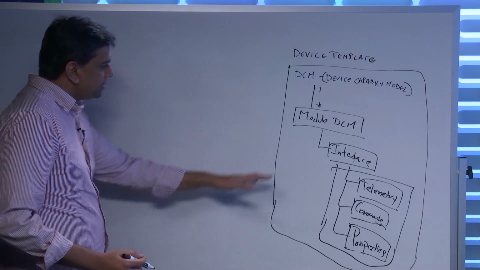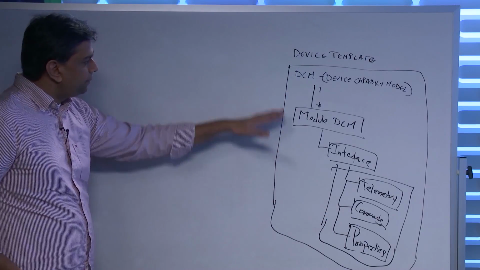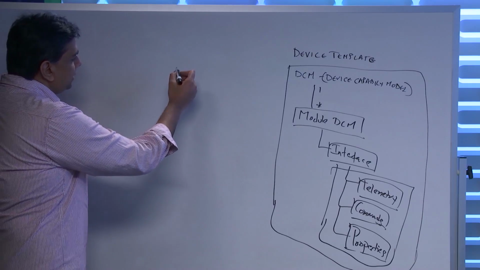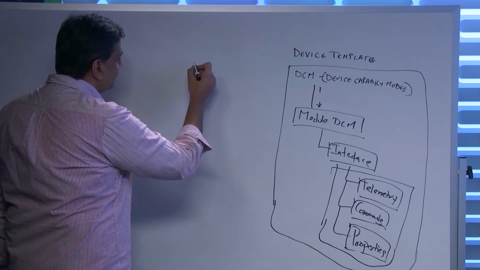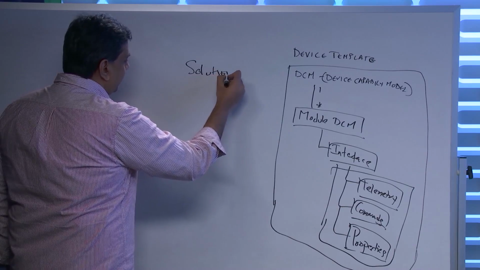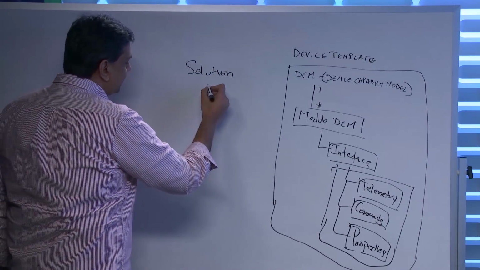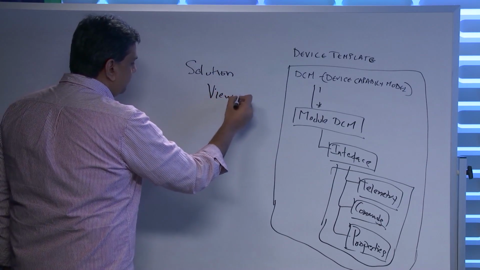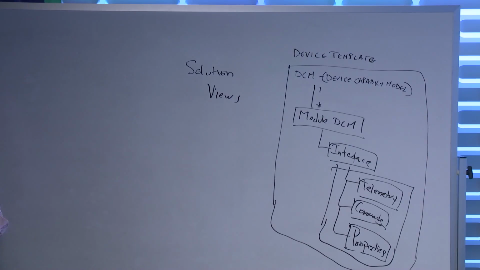And then what you do is you extend this DCM, and basically you create the solution for your cloud. For this, you create views, which are your dashboards and your forms.